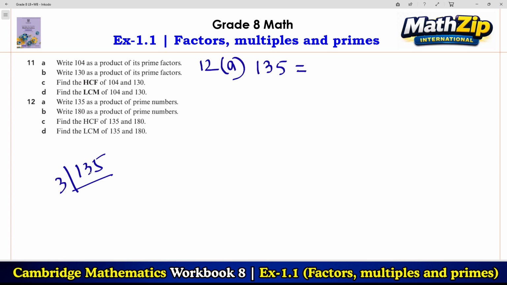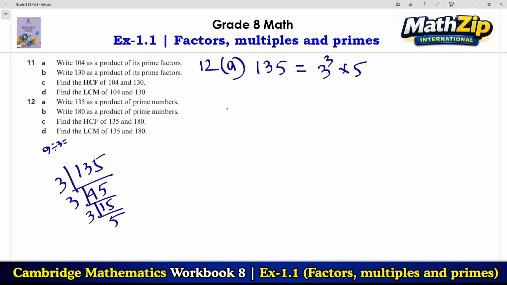How? Because 1 plus 3 is 4, 4 plus 5 is 9. 9 can be divisible by 3, so 135 is also divisible by 3. Then we can divide this one by 3, it will be 15. Now also divided by 3, so here is 5. So we can write this as 3 cube times 5, right?